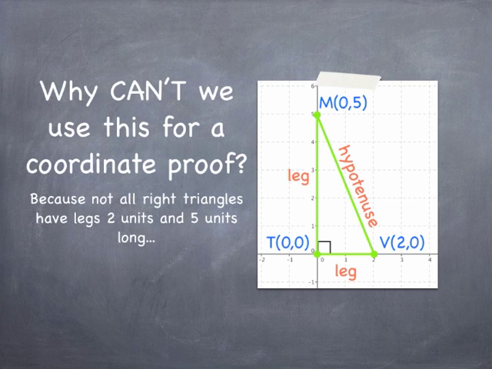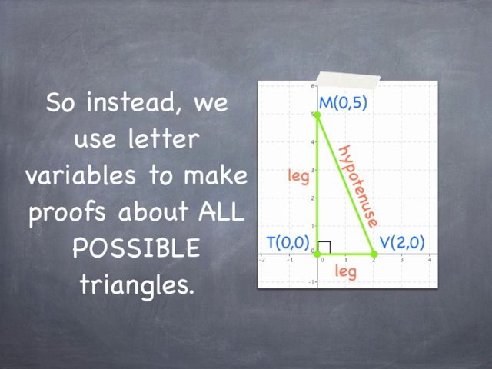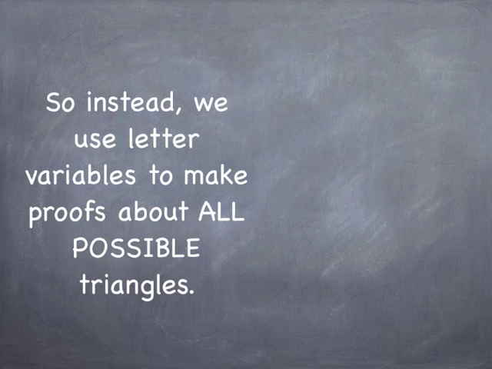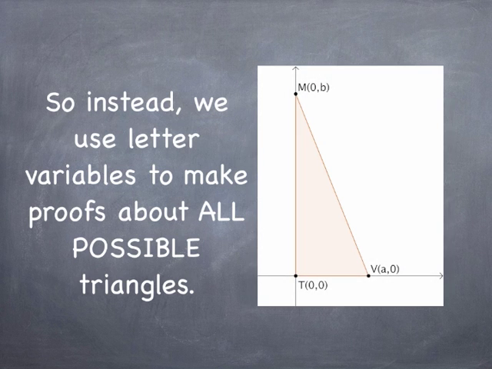Instead of 5, we'll use a letter to represent all possible values. So we'll use a blank set of axes, and we'll put V at the point A, 0, M at the point 0, B, where A and B could be all possible numbers.